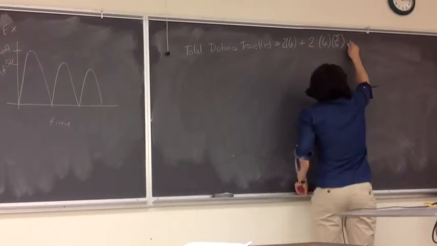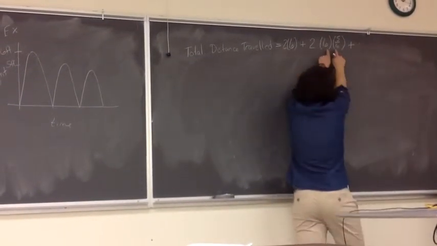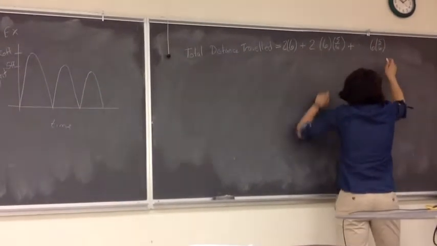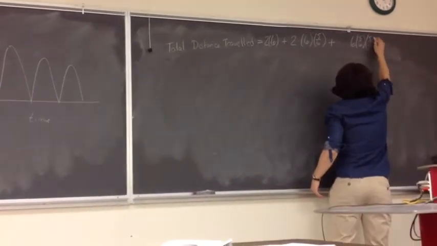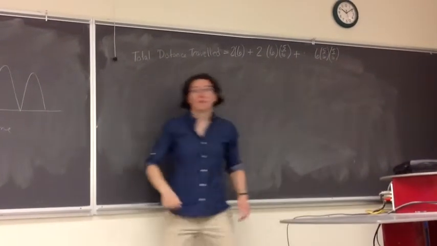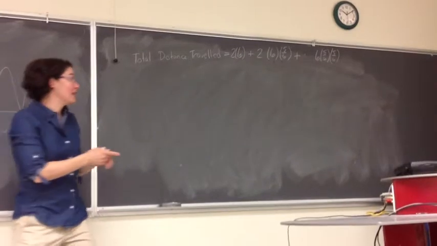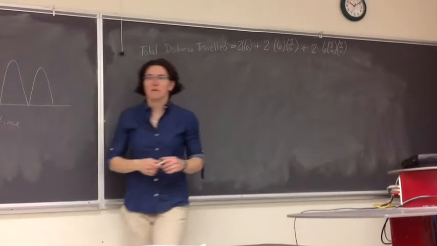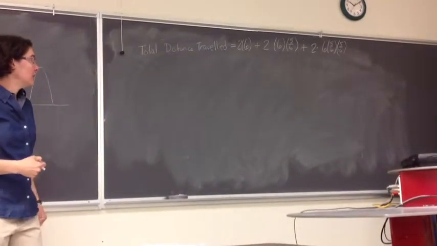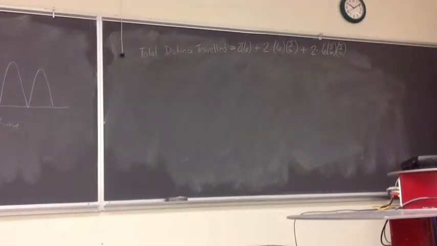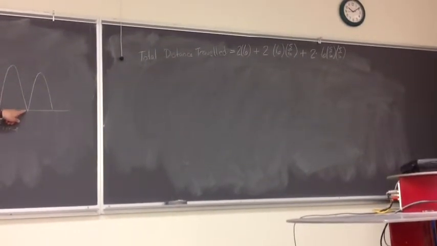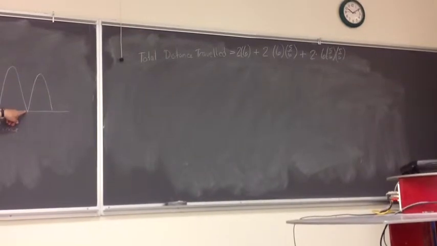And then the next cycle for the ball, we had the previous number, 6 times 5/6, and we multiplied that by 5/6 again, and that was the maximum height of the ball in the next cycle, and it went up and down, so we multiplied by 2. So the first cycle was 2 times 6. The second cycle was 2 times 6 times 5/6. The third cycle was 2 times 6 times 5/6 times 5/6.